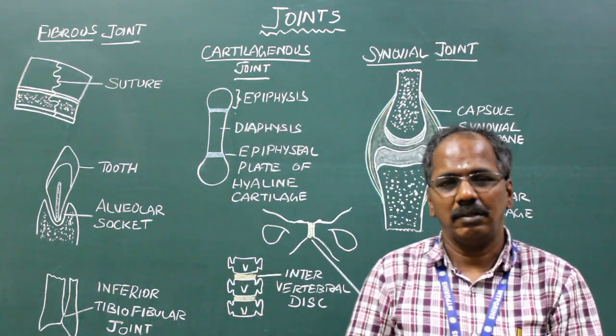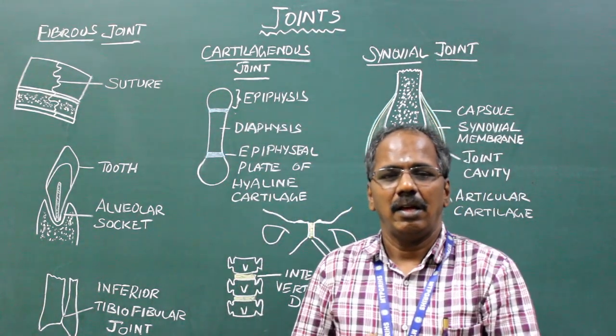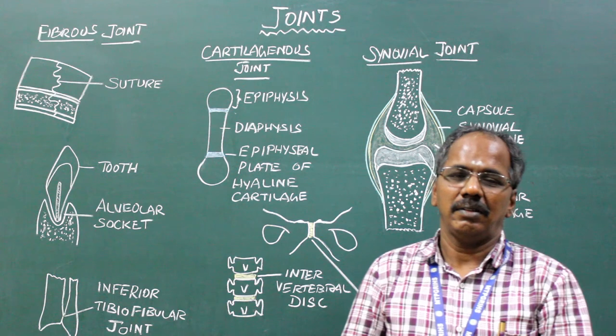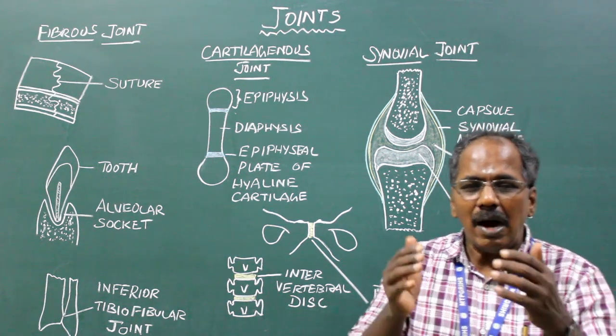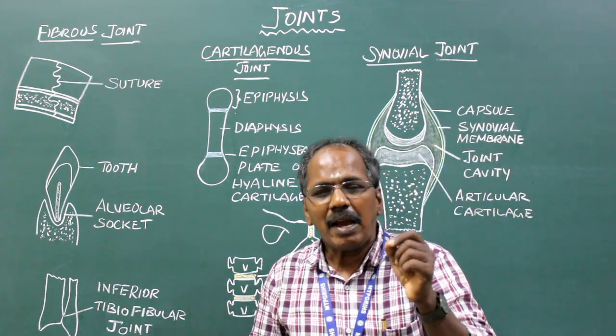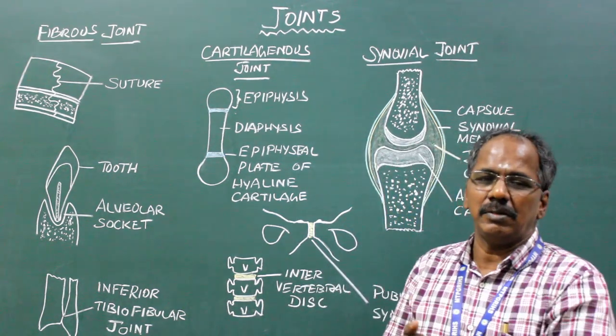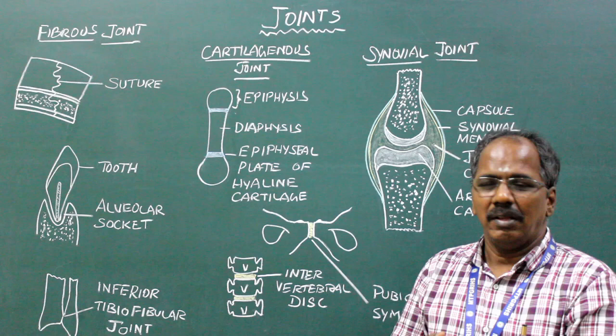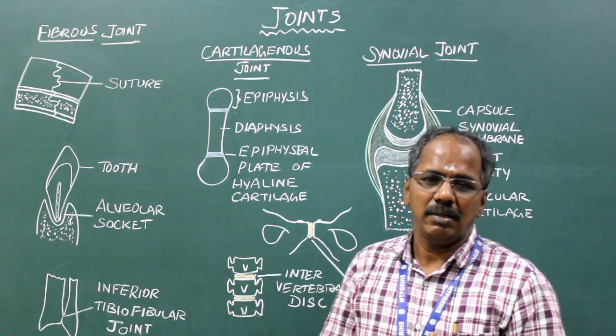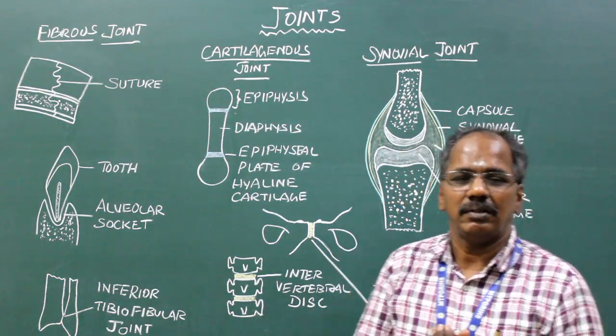Fibrous joint. In this type of joint, the two articular ends are connected by dense fibrous connective tissue. It is of three types. Number one, suture.